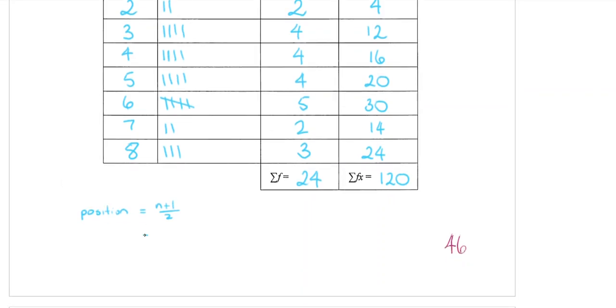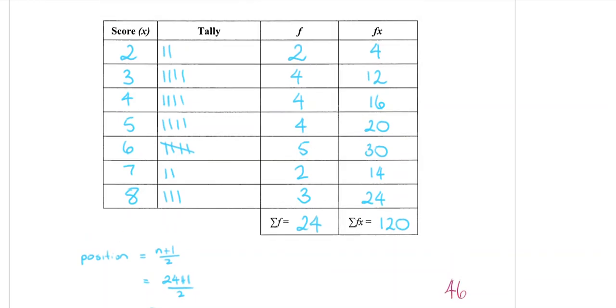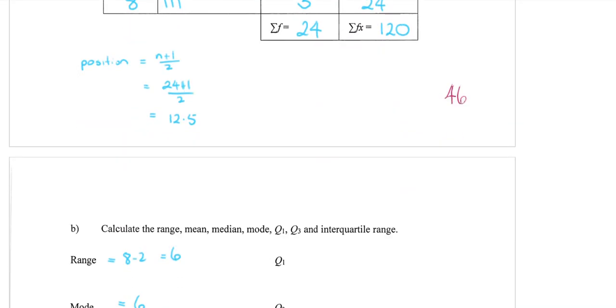So if we do 24 plus 1 and divide that by 2, we get 12.5. We need to count down, and you can count down your tally lines, so that makes it easy. We want to find the 12th and the 13th, because 12.5 would be right in between that. So we go 1, 2, 3, 4, 5, 6, 7, 8, 9, 10, 11, 12, and 13 are both in the same spot, which means that my median is 5.